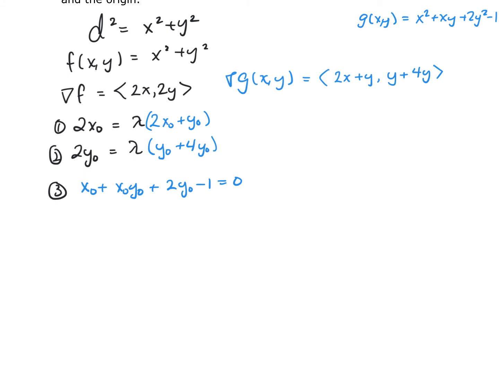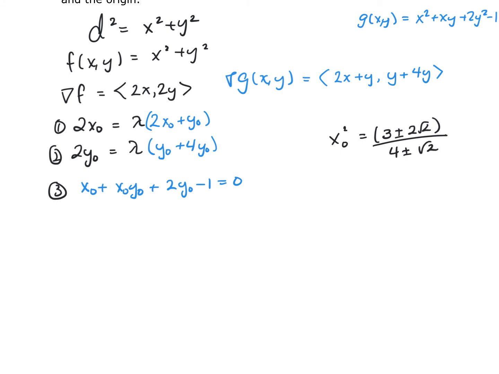And so I'm going to go through my usual solving, whether it is by doing substitution or elimination. It's totally up to you how you want to do it. I ended up getting x naught squared is equal to 3 plus or minus 2 root 2 all over 4 plus or minus root 2.